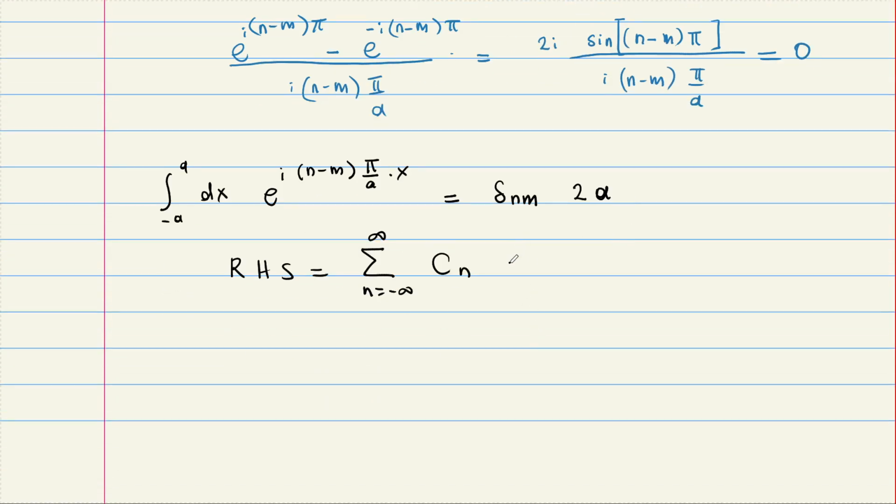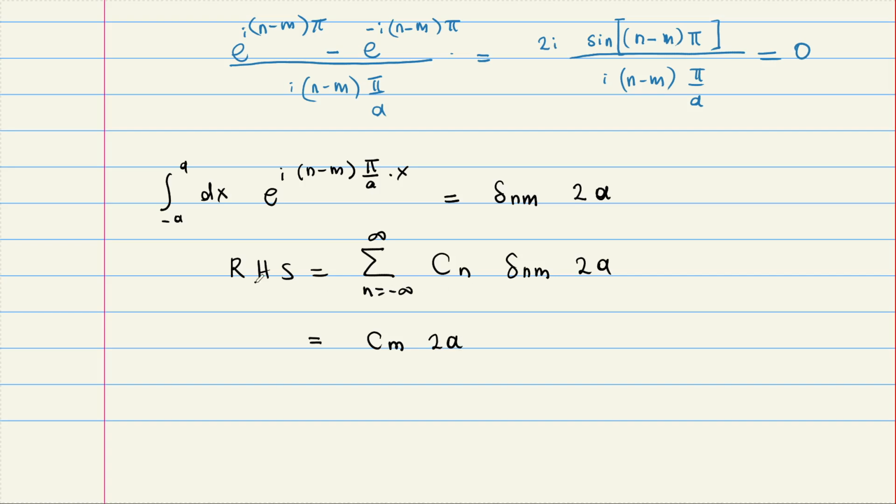So this is delta n m times 2a. But we like this, right? Because this is going to pick up the coefficient we want. So this is going to be Cm, and the summation is gone, right? This delta function, Dirac delta or Kronecker delta, and this summation, they are going to kill each other. That means this is Cm times 2a.